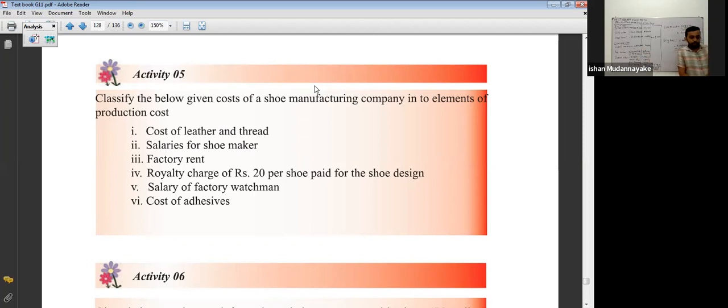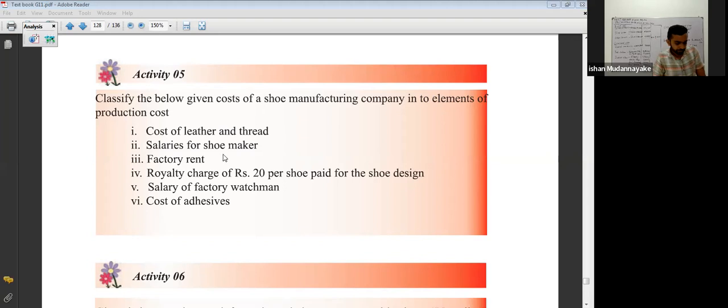And next one, salaries for shoemaker. Direct labor. Factory rent.